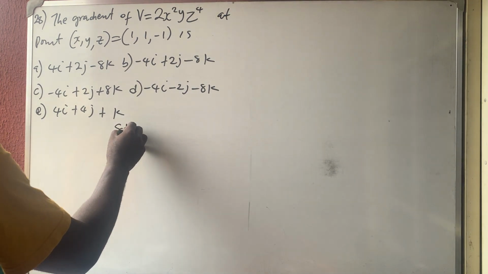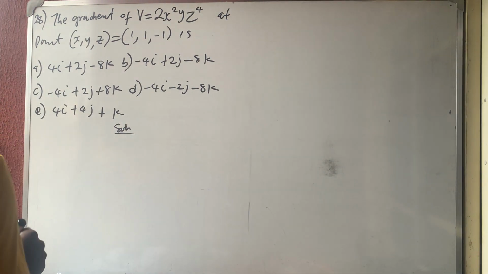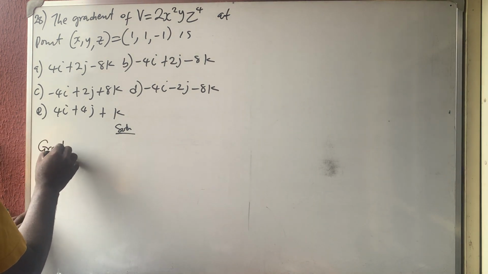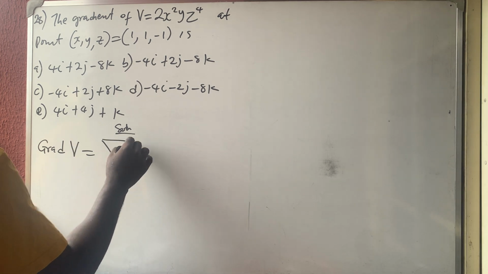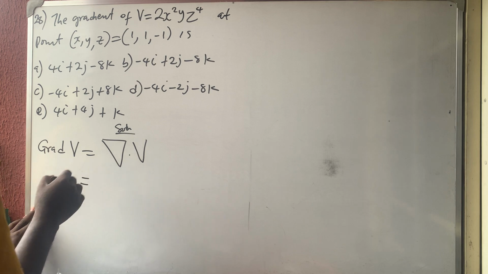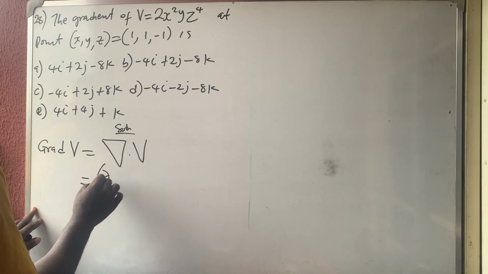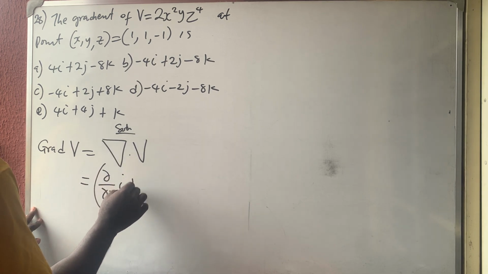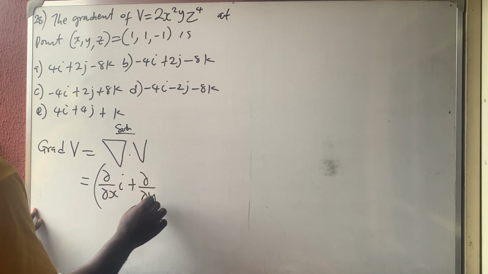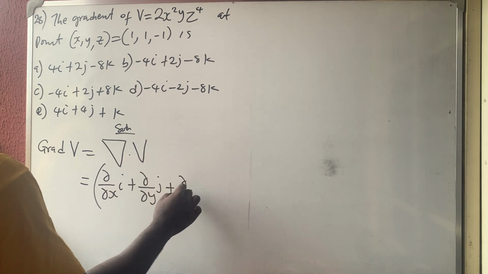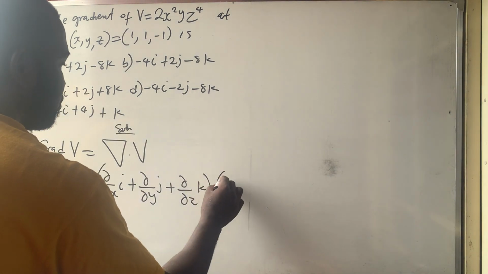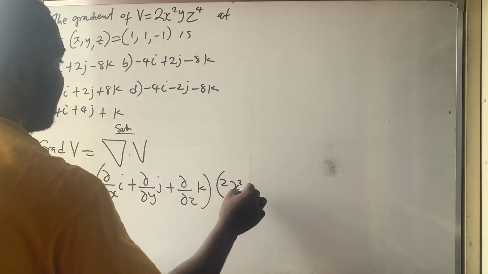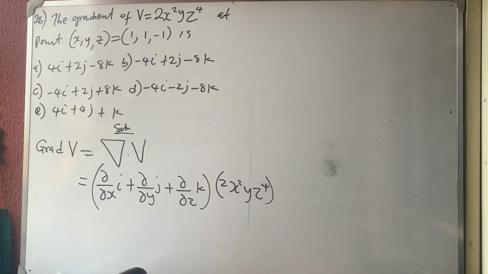Solution. Now, this is very simple. Grad v is simply as saying this of v. Don't forget that this is partial x i plus partial y j plus partial z k of our v, and our v is 2x squared y z4.